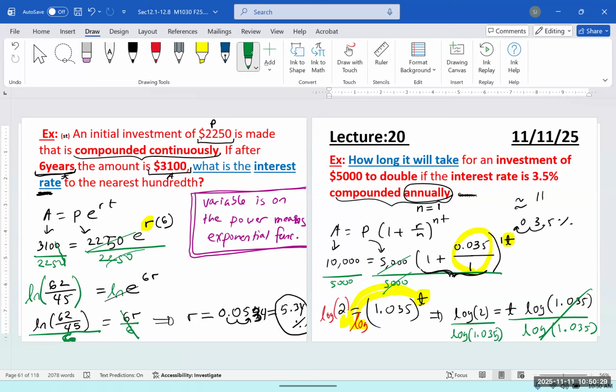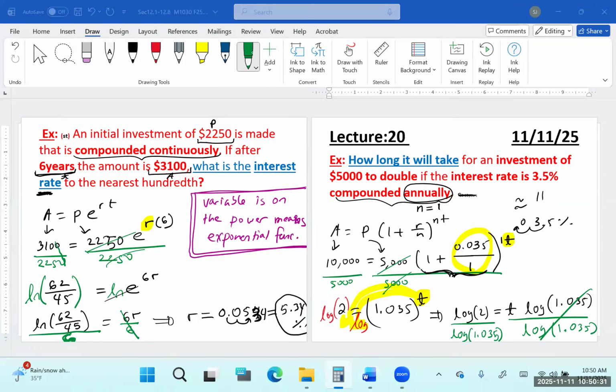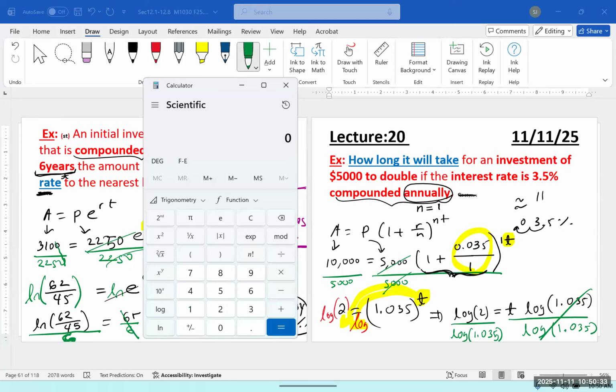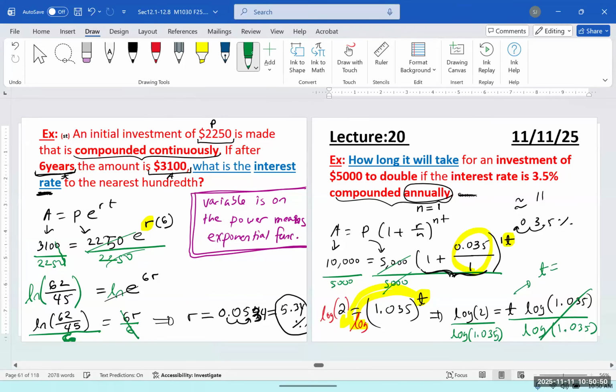So you go to the calculator. We have log 2. You divide that by log 1.035. Click enter. 20.14. 20.15.